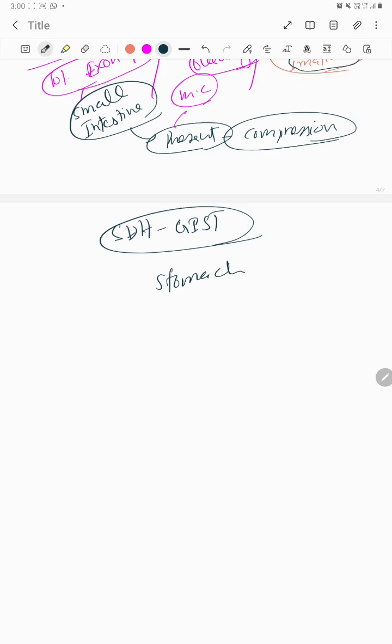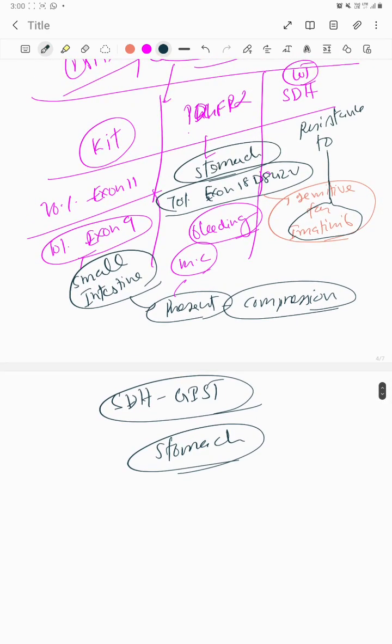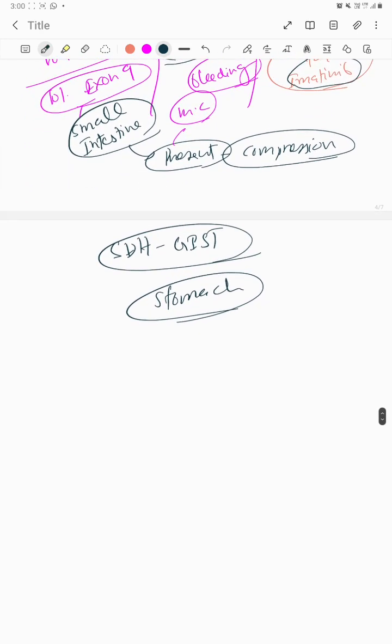So two mutations we have seen till now that occur in the stomach are the SDH mutation and the PDGFR alpha mutation. And the mutation that occurs in the small intestine is the c-KIT mutation, specifically the exon 9 mutation. And what makes it imatinib sensitive is the PDGFR alpha mutation, specifically in exon 18 D842V.